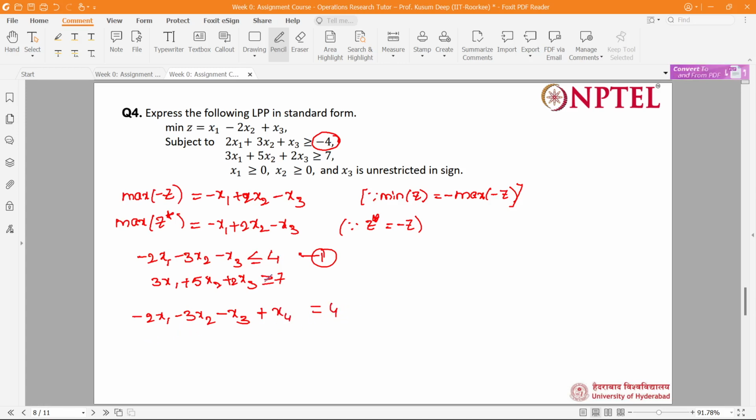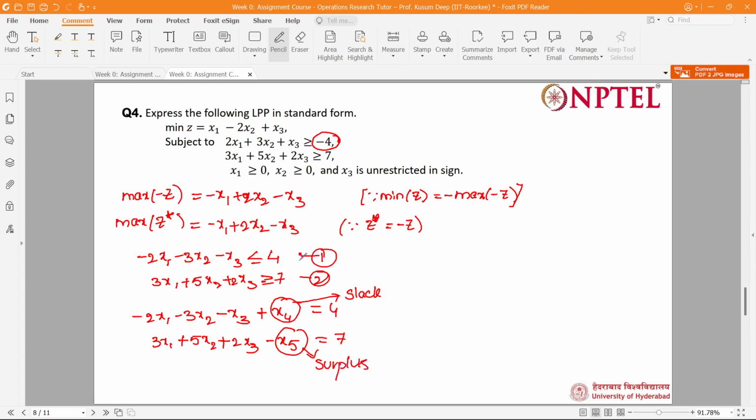And the next inequality is a greater than or equal to constraint, so to make it into an equation, you have to subtract a surplus variable, minus x5, that is equal to 7. Here x4 is the slack variable and x5 is the surplus variable.